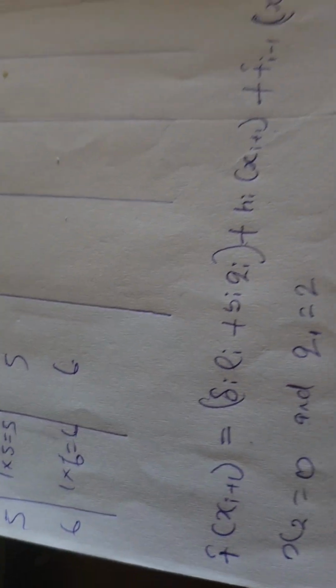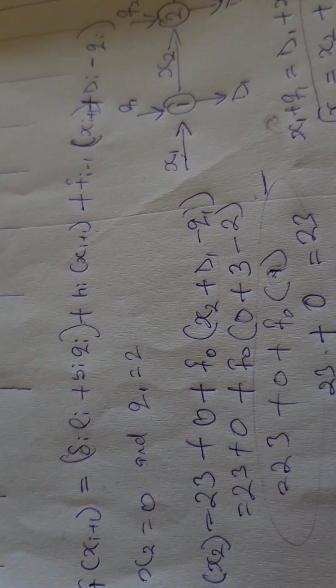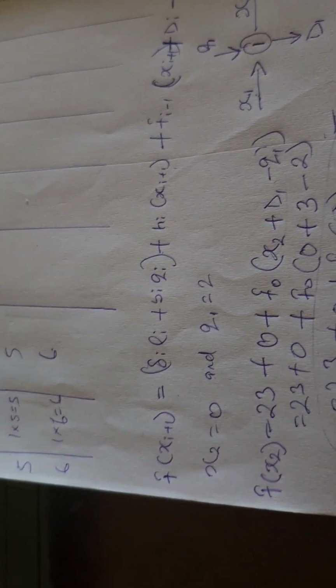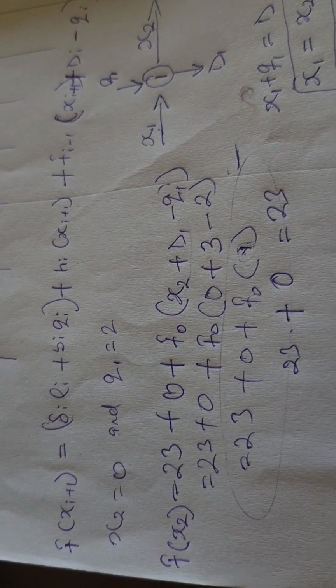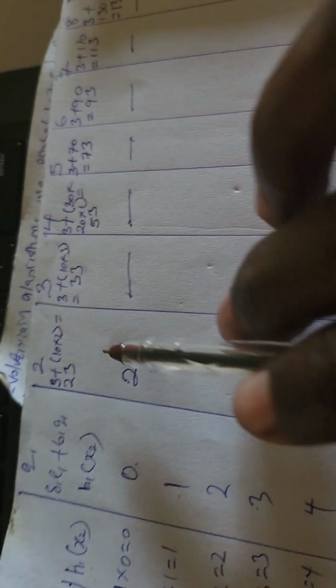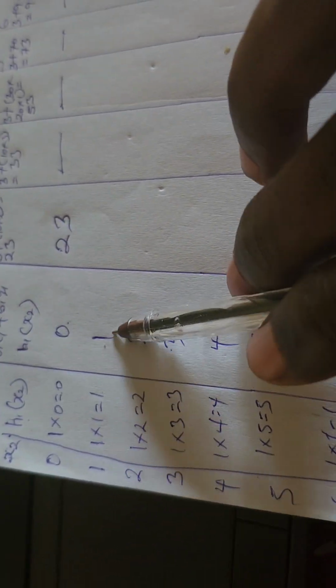So let's go to the next problem. When s2 is equal to 1, and q1 is equal to 2, our f of x2 here will be what? We have our purchase and setup cost to be 23, plus our holding cost. Our holding cost at this particular point is 1. You understand?